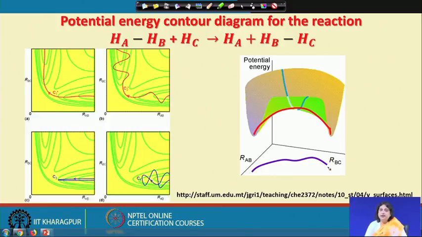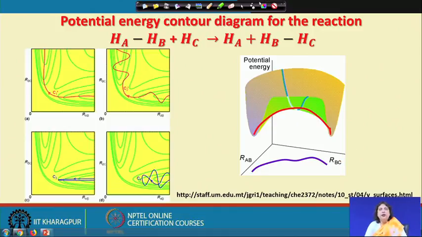So, if the system moves along the reaction coordinate, it undergoes a transition from the reactant to the product state through a minimum energy path. Okay. And in this particular case, the combination of RAB and RBC that gives you this minimum energy path is known as the reaction coordinate.